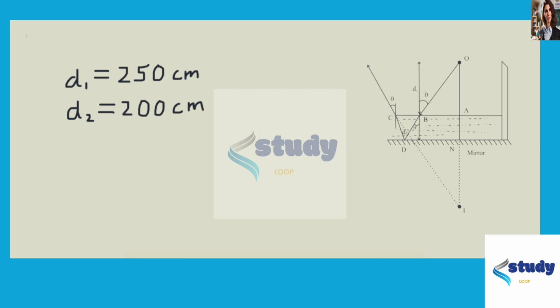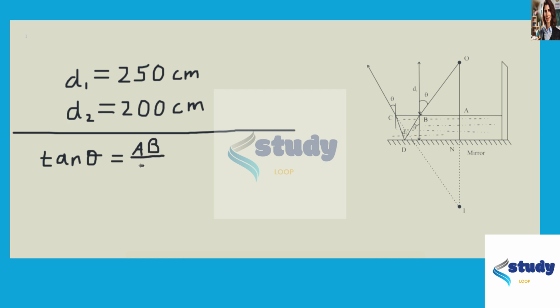So the first thing we're going to do is look at that free body diagram, and we're going to look at triangle OAB. So the tangent of the angle theta, and let's block off what we were given here, those two distances. So from triangle OAB, the tangent of the angle theta is equal to the distance from A to B divided by the distance D1.